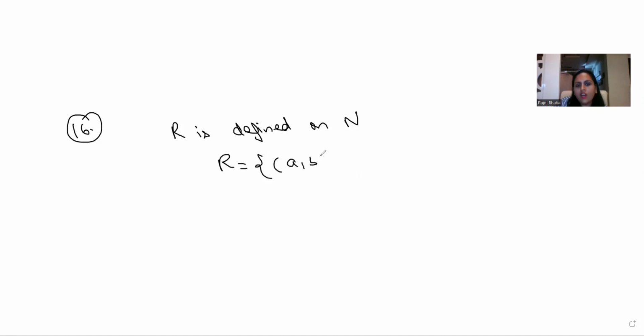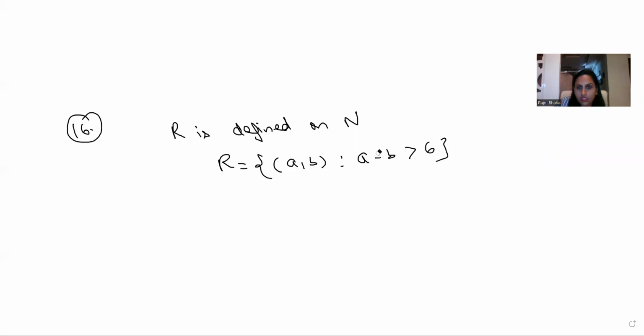Now the last question of this exercise is, relation R is defined on the set N. R is defined as (A, B) such that A minus B is greater than 6.